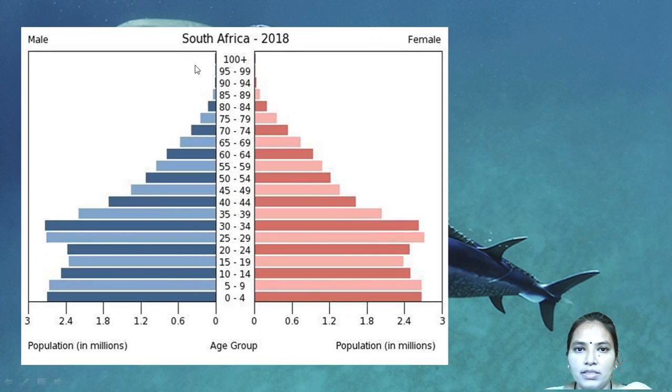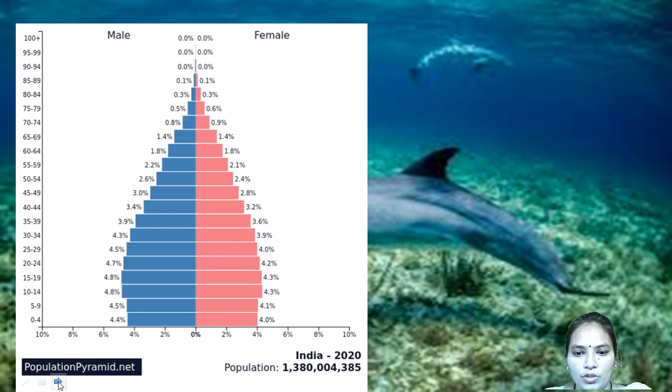In the graph we can see South Africa in 2018, where the population in millions is given according to age group, starting with 0 to 4, then 5 to 9 and going up to 100 and plus. We can see that this is an example of an expanding population, whereas this is the graph of the population of India in 2020.